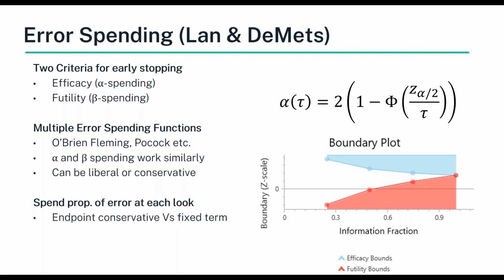So that's kind of seen on the right here in the boundary plot, where we can see if you cross into the blue zone, you'll be able to stop for efficacy, or if you cross over into the red zone, you'll be able to stop for futility.